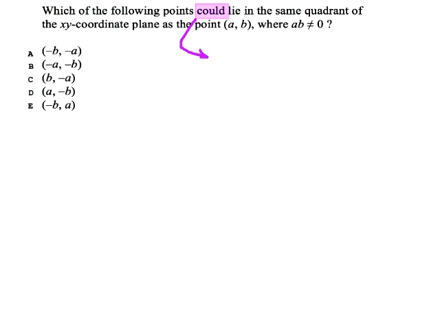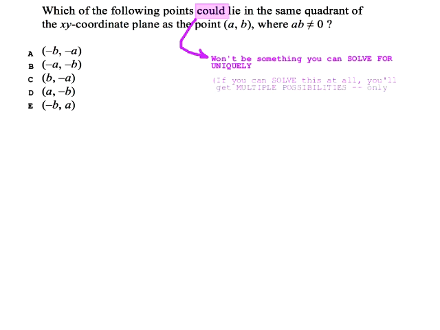So either it's going to be one of several cases, or it's not going to be something that you can solve for explicitly, at least not uniquely. If you can solve this at all, then it'll be one of several cases. You'll get multiple possibilities, only one of which will actually correspond to an answer.